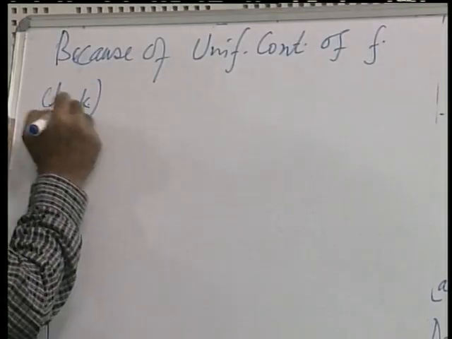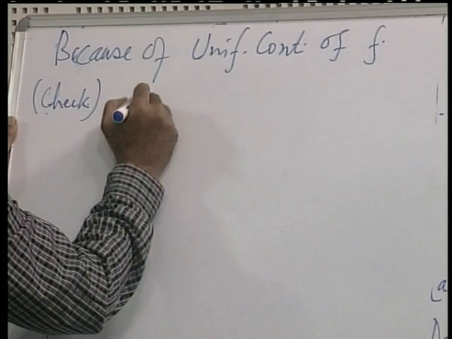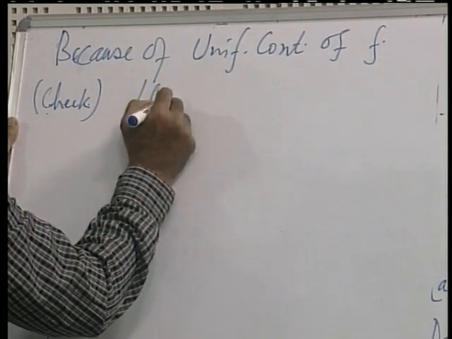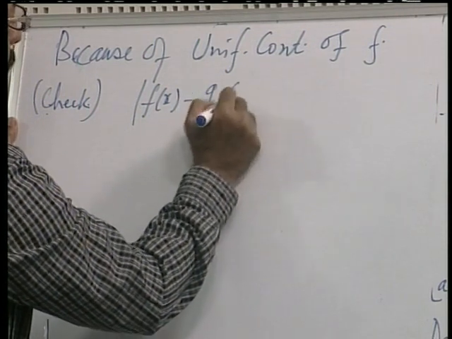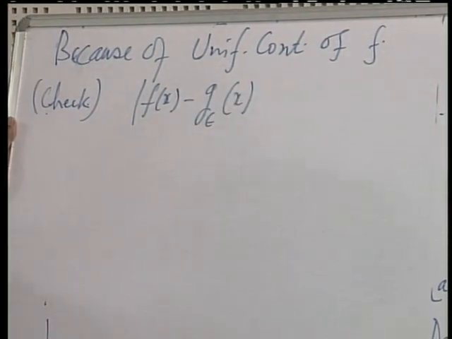check. I am leaving it to you. What do you check? This is really simple: f of x minus g epsilon of x.